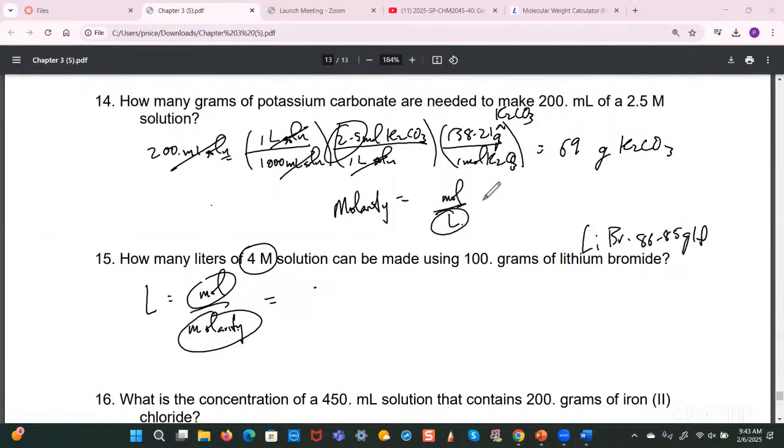So how do we calculate the moles based on that number? They gave us the mass, which is 100 grams, right? So how do we calculate the moles based on that?